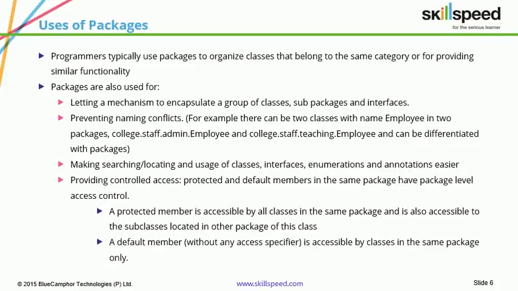However, a default member without any access specifier is accessible by classes in the same package only. So when you use a package, it will provide access protection based on the access specifier that we give.